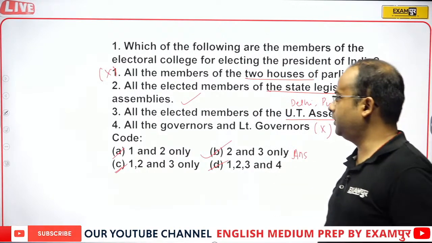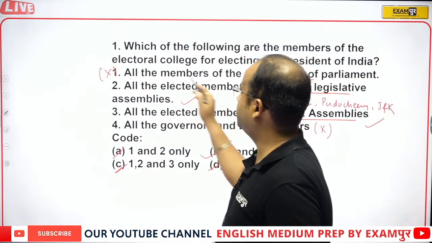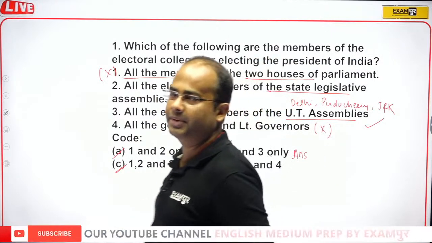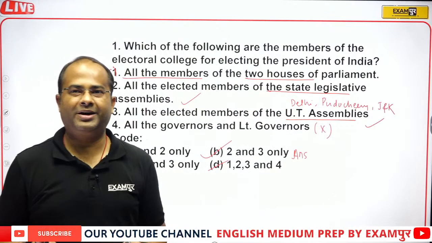The correct answer will be option B, not option A, because option A says all the members, and not all members participate in the electoral college of the president.